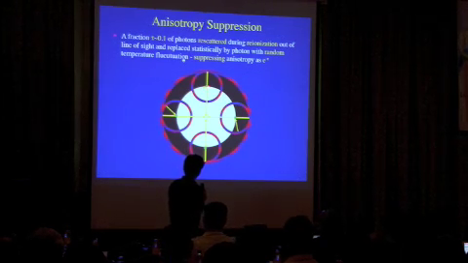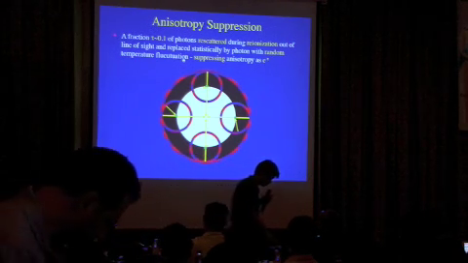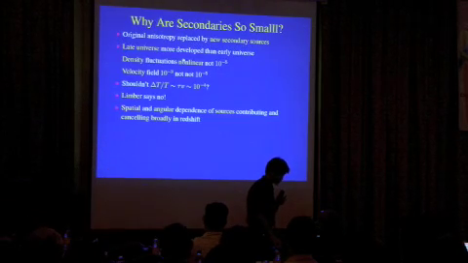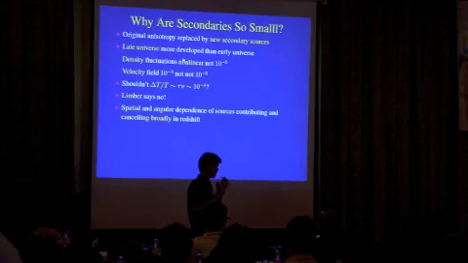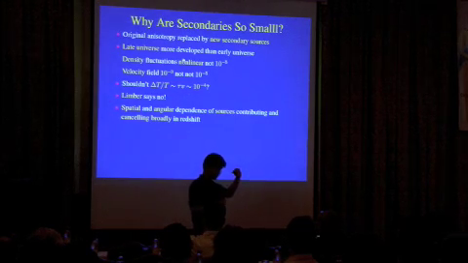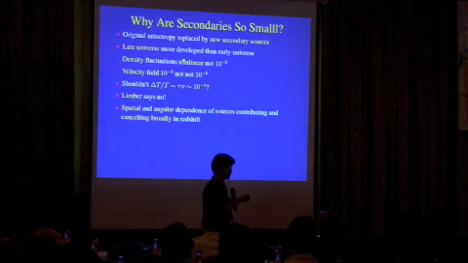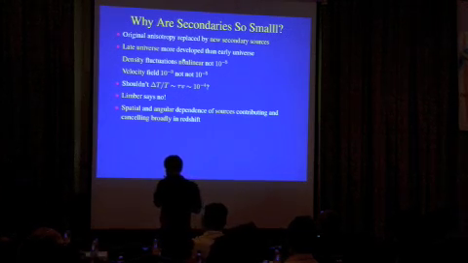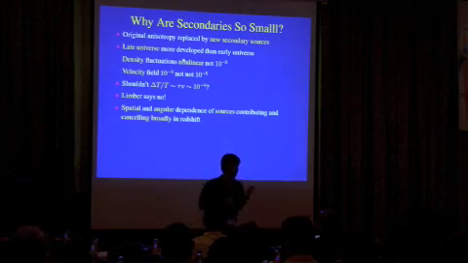So in fact, there's an interesting question if you were just coming at this from the beginning. There are sources of anisotropy that are regenerating the anisotropy, just like the sources on the recombination surface. So why aren't secondary anisotropies much, much larger?